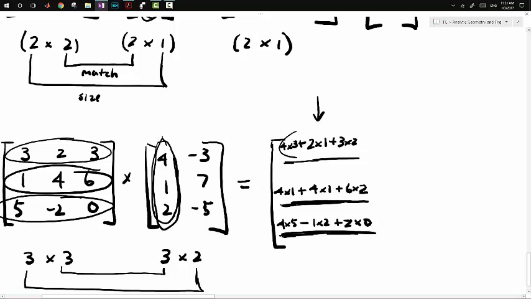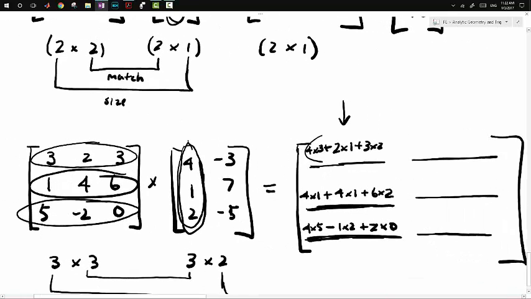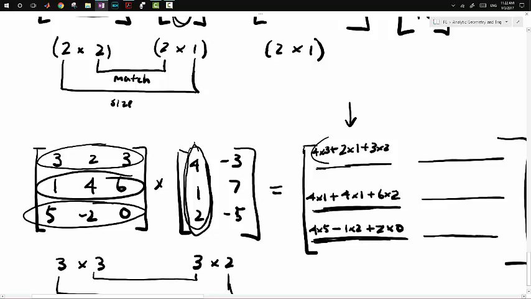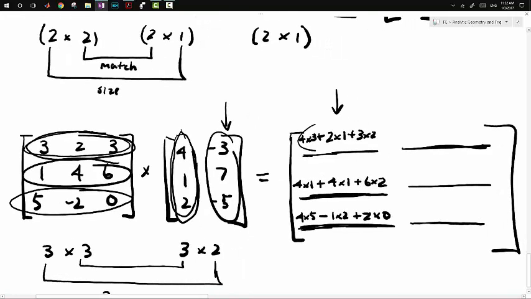So now if we look at the second column, we're going to do the same process, but now we're going to be using this second column of elements multiplied with this first row for this term here.